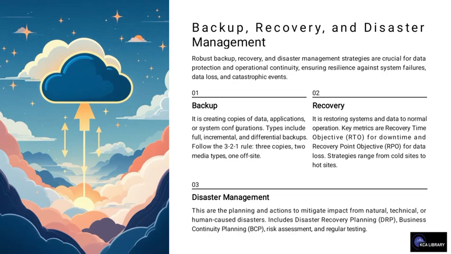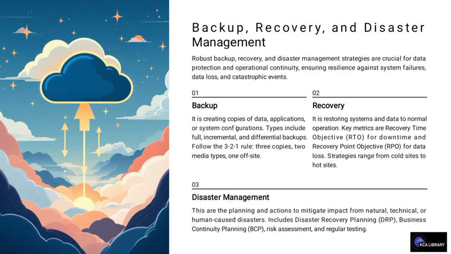We have backup, recovery and disaster management. And when we talk about backup, it's actually creating copies of data, applications, or system configurations. And the types include full, incremental, and differential backups. And you need to follow the 3-2-1 rule, and that's 3 copies, 2 media types, and 1 offsite.